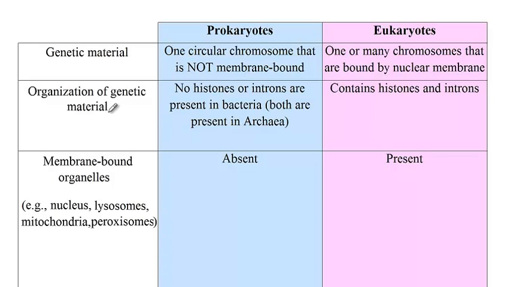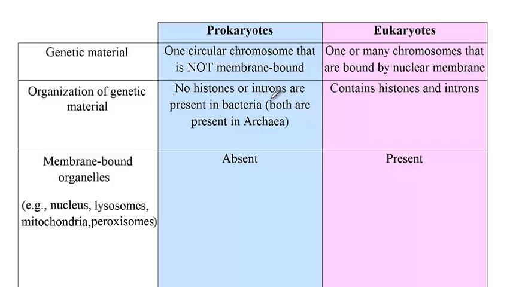In terms of organization of genetic material, there are no histones or introns in bacteria. So histones, we just discussed, are in eukaryotic cells in order to help form a compact form of DNA. And then in our mitosis and meiosis video, we discussed how after mRNA is transcribed from DNA, eukaryotic cells have segments of mRNA that are non-coding.